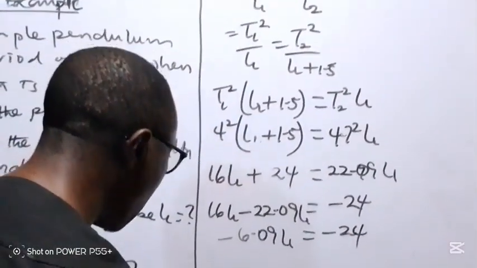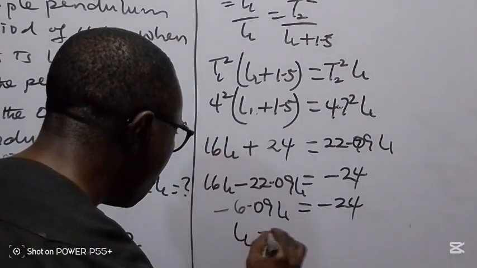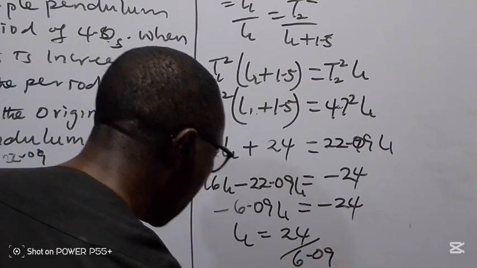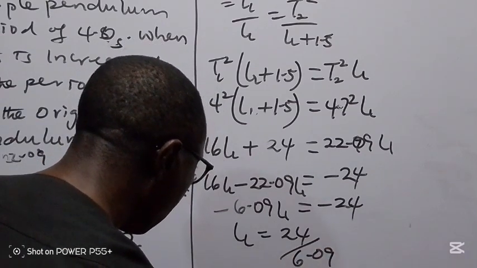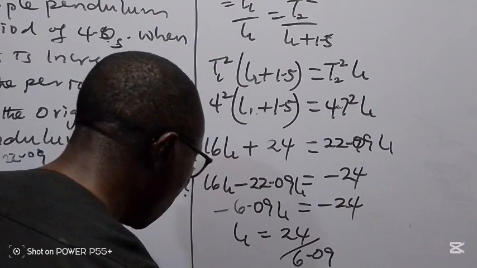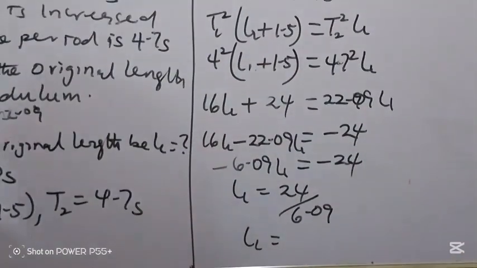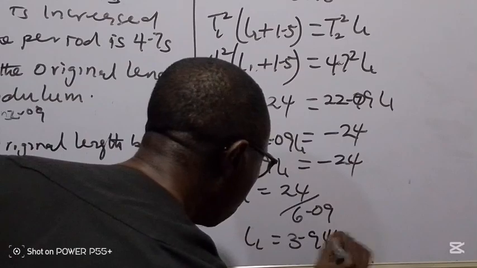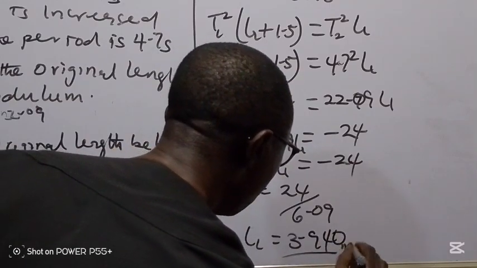Minus will cancel minus. L1 will be equal to 24 over 6.09. And L1, which is the original length, will be equal to 3.940 meters.